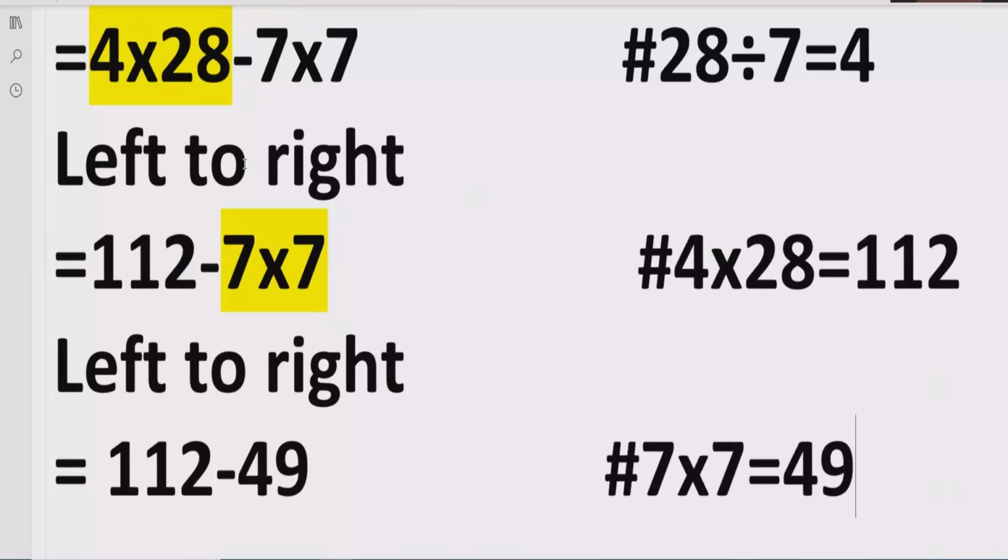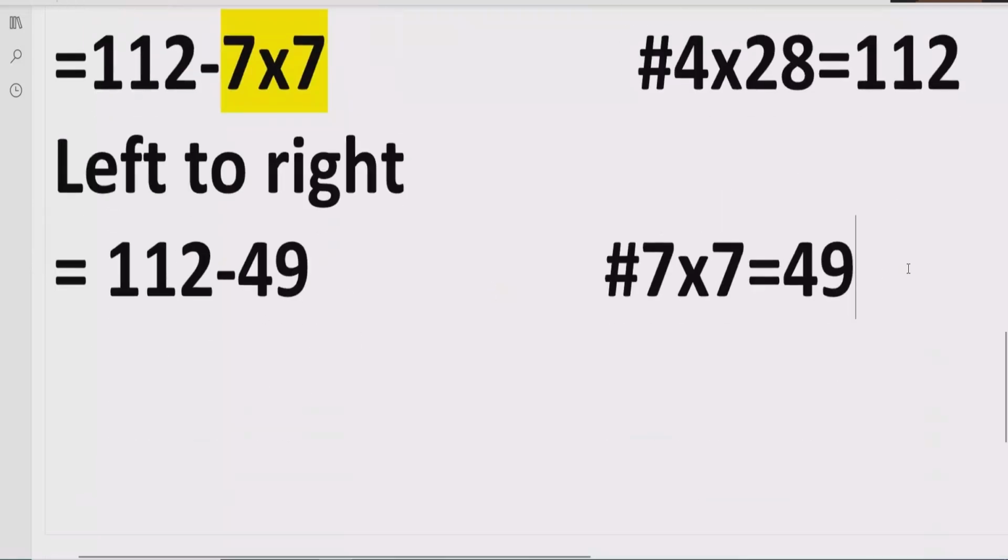Now we do not have any division and multiplication. We have only two terms, subtracting each other. When we subtract them, we get the answer 63. So the answer of this expression is 63.